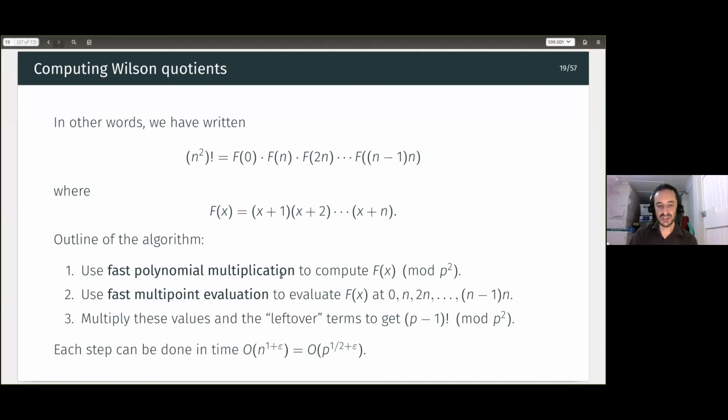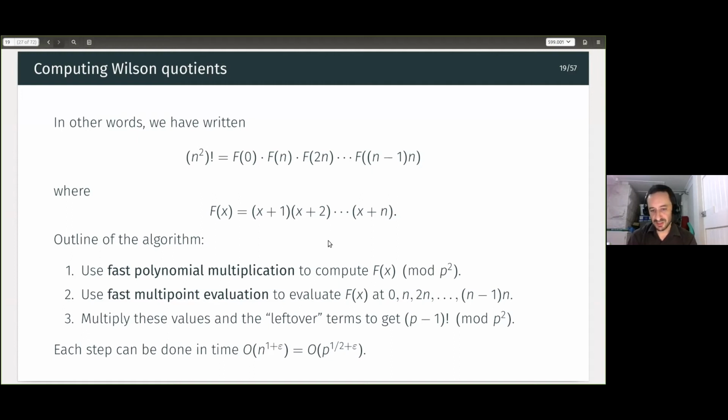So what he does, step 1, I'm going to compute these coefficients of f of x. I actually expand out this product and work with the coefficients taken modulo p squared everywhere. So that is a polynomial of degree roughly square root of p. And then I'm going to evaluate that polynomial quickly at those points, using a fast multi-point evaluation algorithm, which eventually also reduces to fast multiplication.